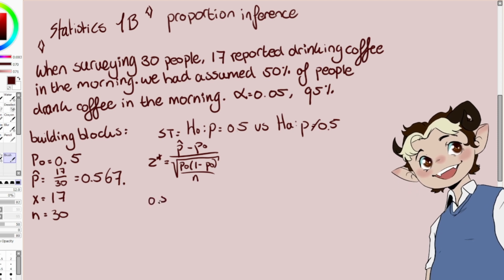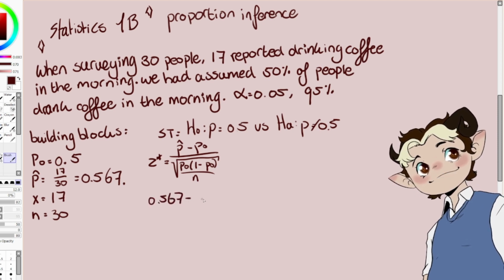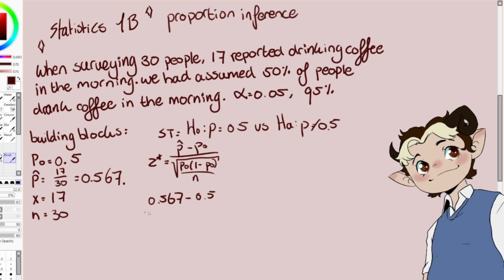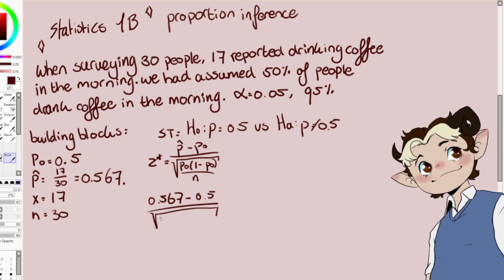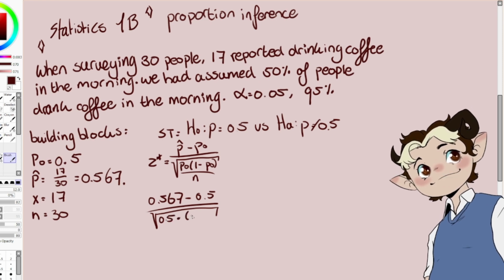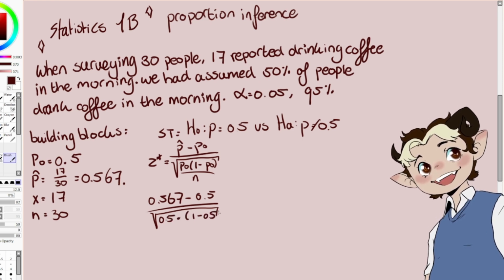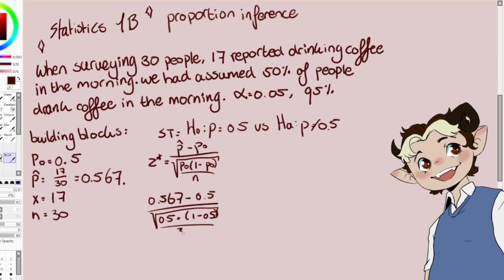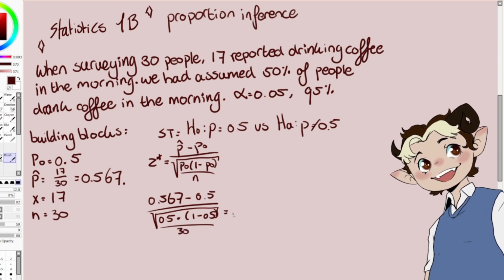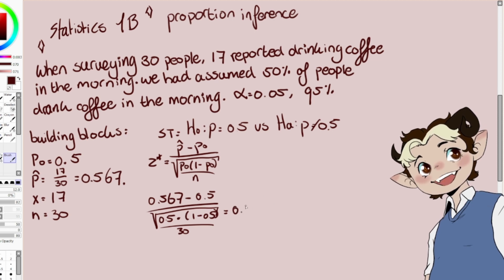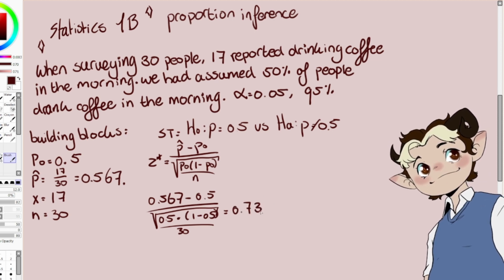That is 0.567 minus 0.5 divided by square root of 0.5 times 1 minus 0.5 divided by 30. Well, we put that in a calculator and we get 0.734.